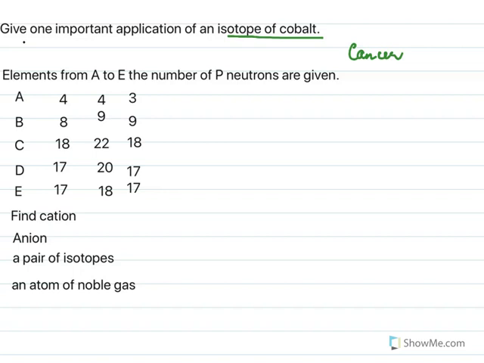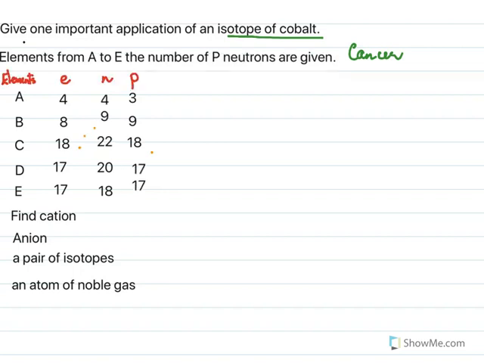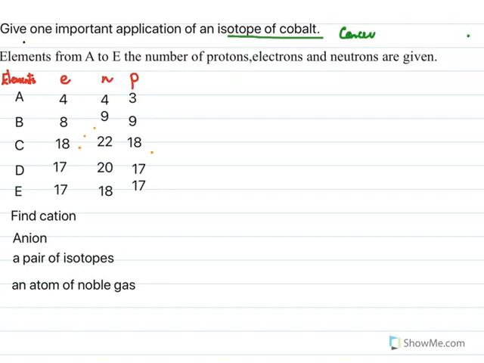For elements A to E, the number of protons, electrons and neutrons are given. First we have to find a cation. A cation is positively charged, which means the protons must be more than the electrons.